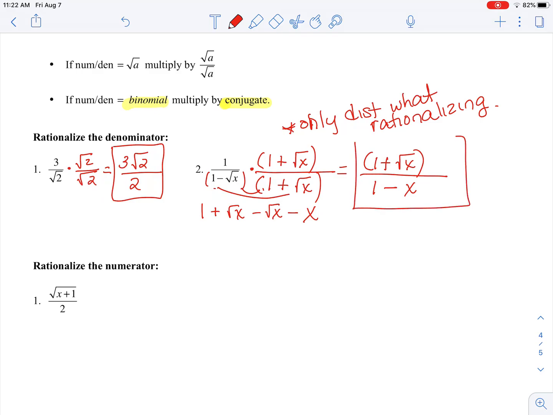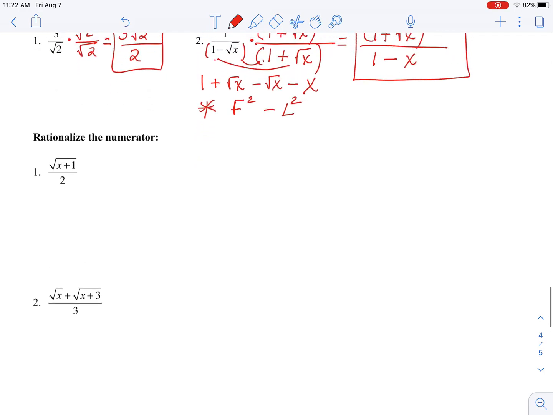And this is your answer. Notice we got rid of the radical sign in the denominator, and we're left with 1 in the numerator, but that's okay. And just as a reminder, when you FOIL conjugates, it's first squared minus last squared, if you want to save yourself a little time.